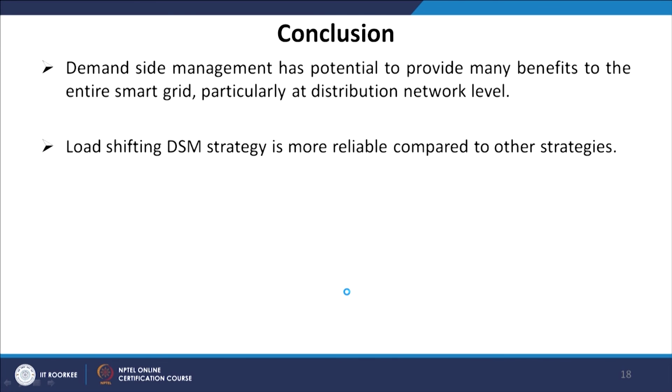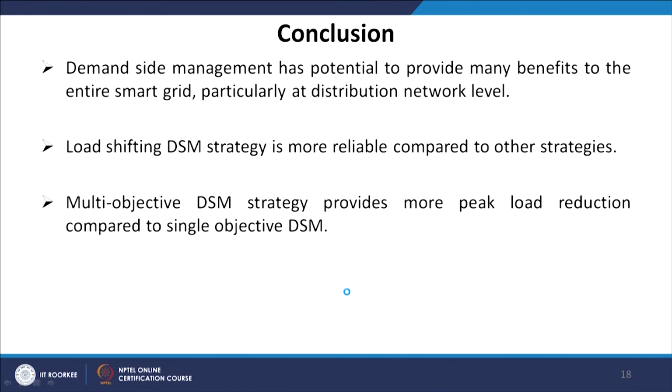Load shifting DSM strategy is more reliable compared to any other strategies. Multi-objective DSM strategy provides more peak load reduction compared to single objective DSM, because both parties are getting benefited out of this activity.